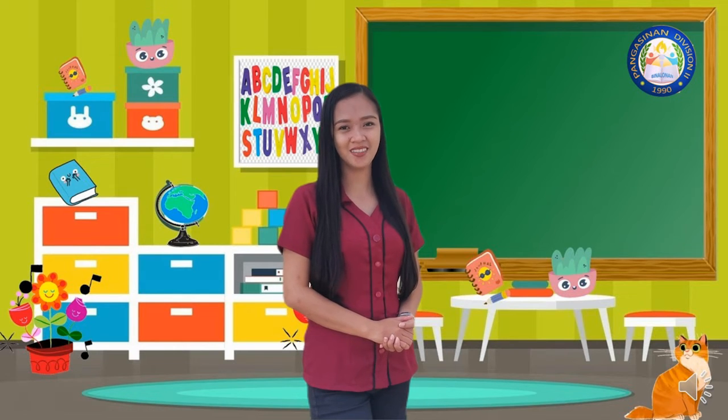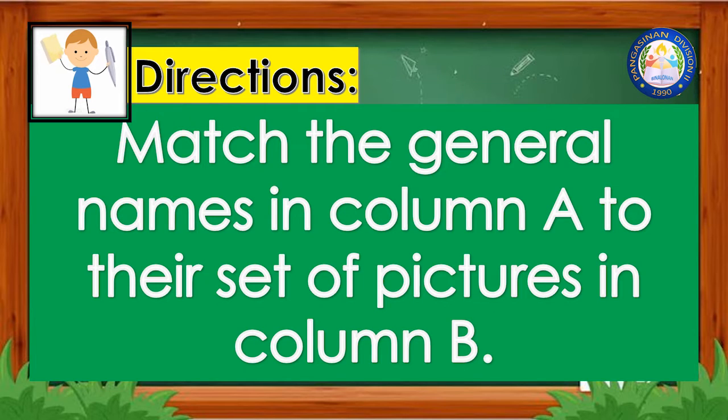To deepen and enrich your understanding about hyponyms, let's proceed to our next activity. For the directions, match the general names in column A to their set of features in column B. Is that clear? Okay, let's proceed.